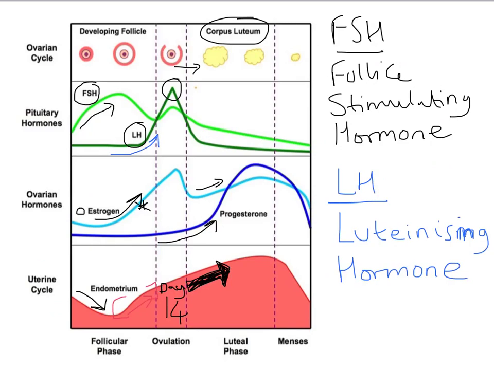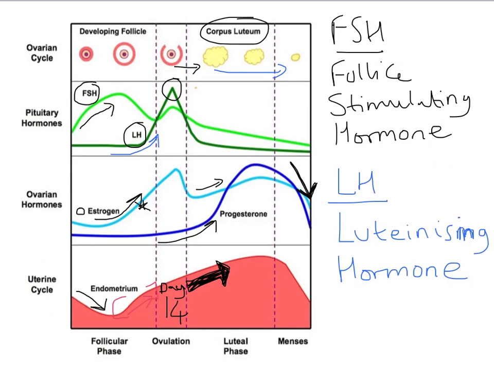The corpus luteum starts to degenerate. Now this would happen naturally, even if the sperm had met the egg, the corpus luteum would still degenerate. So at the top here, we can see it starts to shrink. Now when that happens, the levels of estrogen and progesterone fall.